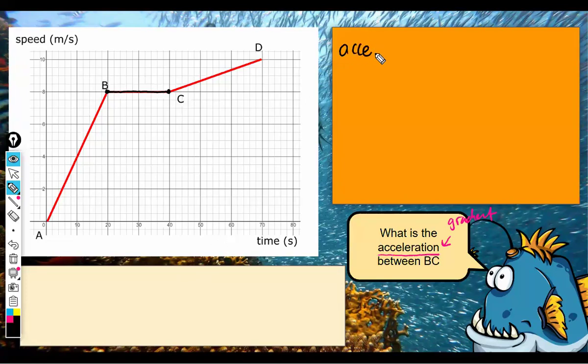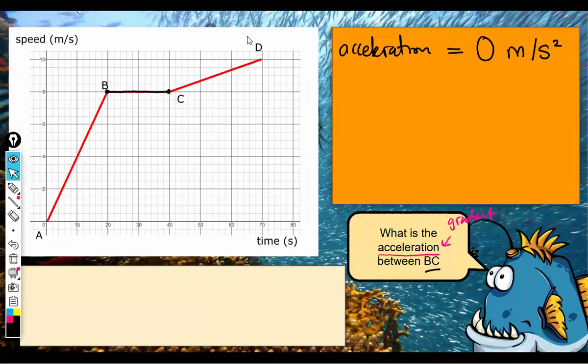So the acceleration between B and C, which is what the question is asking, is 0 meters per second squared. Keep in mind, a flat line will always have an acceleration of 0, a gradient of 0.